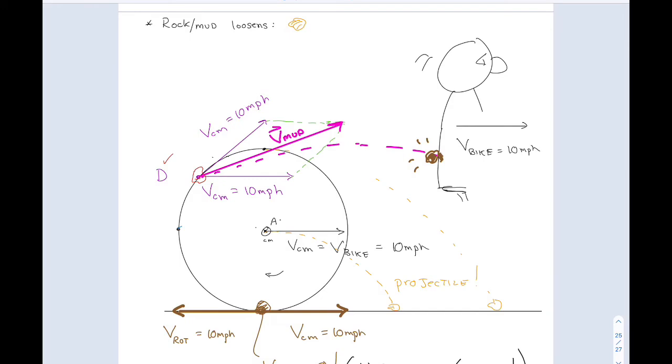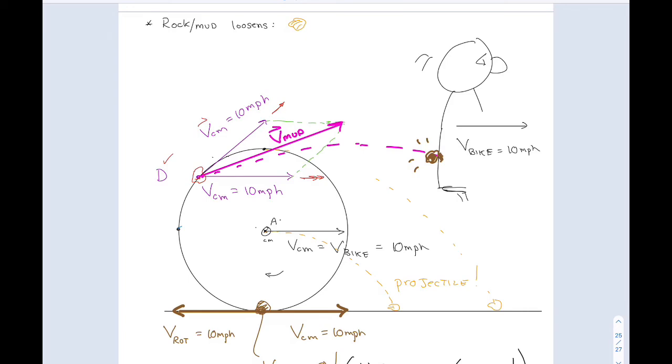So right before it comes loose, it's headed to the right with a speed of 10 miles an hour because every point on the wheel and the bike is moving to the right at 10 miles per hour. And it's headed in that direction due to rotation, too. So the velocity would be 10 miles per hour tangent to the wheel.